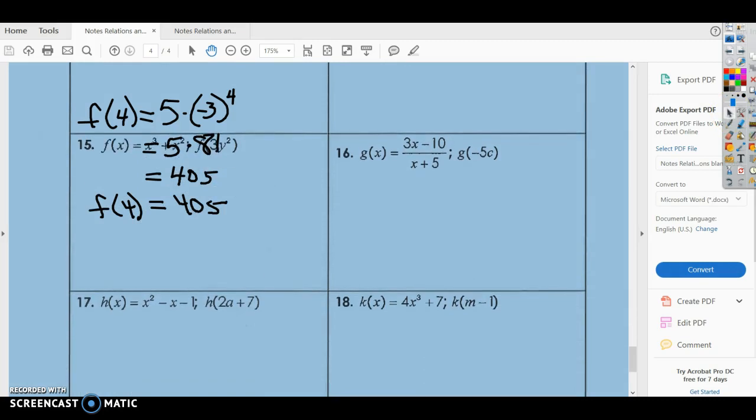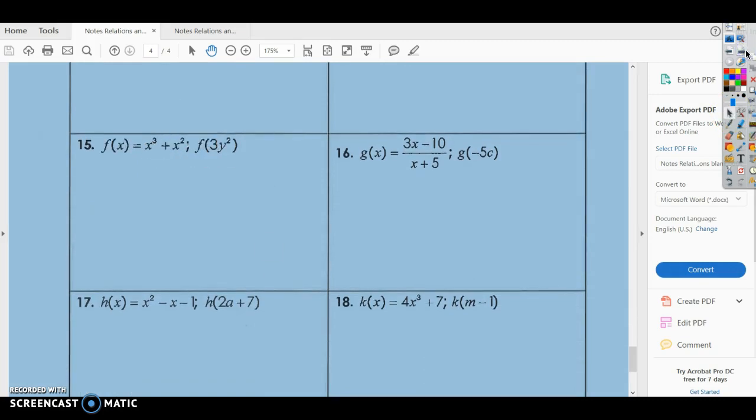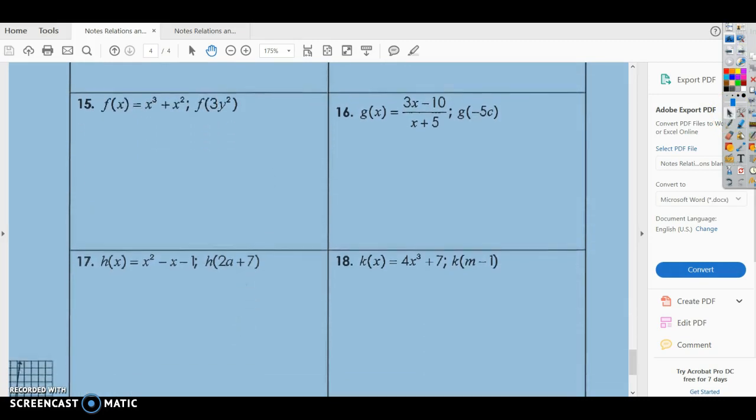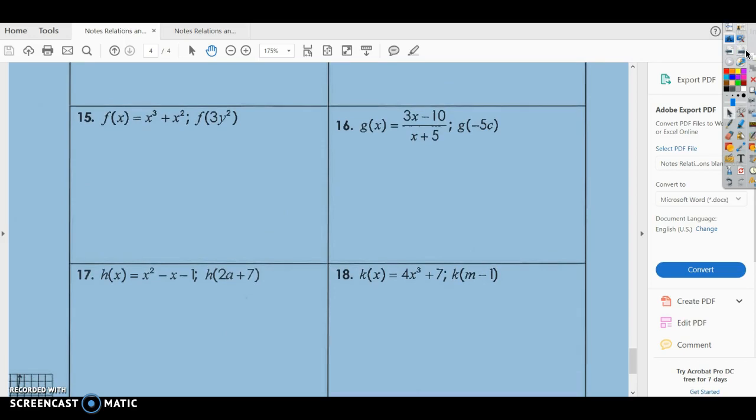All right, so we've got negative 5c, we've got 2a plus 7, and we've got m minus 1. Okay, so we might look at a couple of these. Let's look at number 16 and then check out either 17 or 18 to make sure you know what you're doing here.